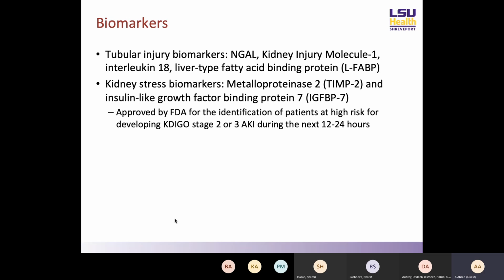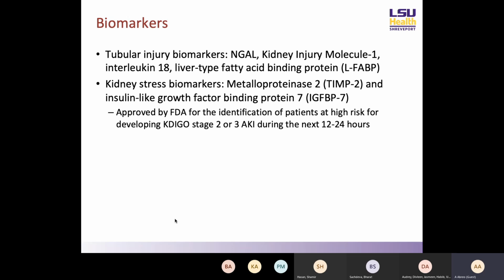As I mentioned, there's been just this tremendous effort to come up with a new biomarker. Most of the studies have shown that creatinine is a relatively late indicator, after the injury has occurred. So the goal is to try to find a marker that is abnormal earlier, a renal troponin.